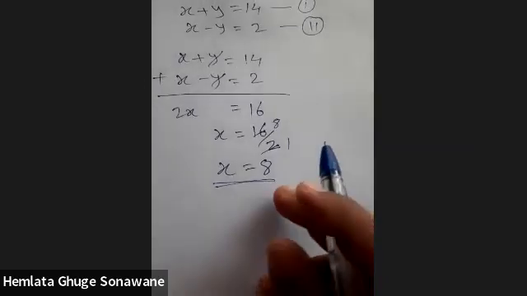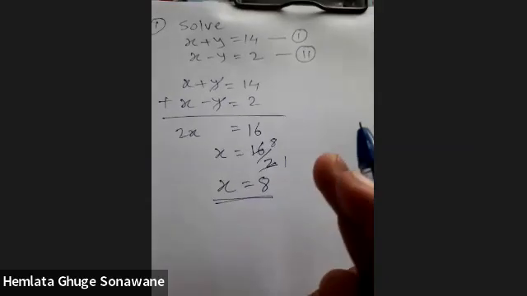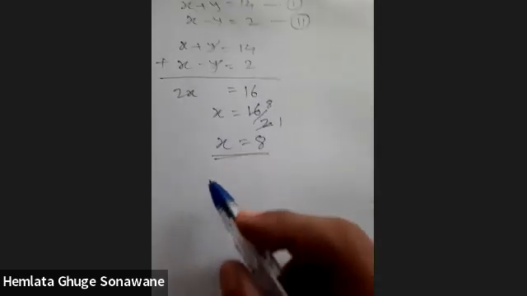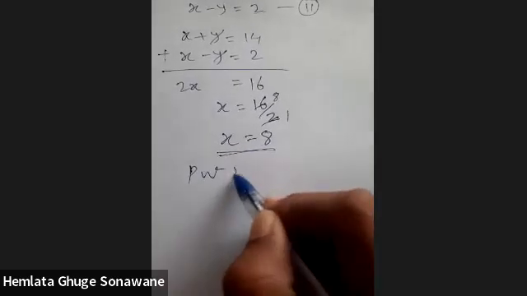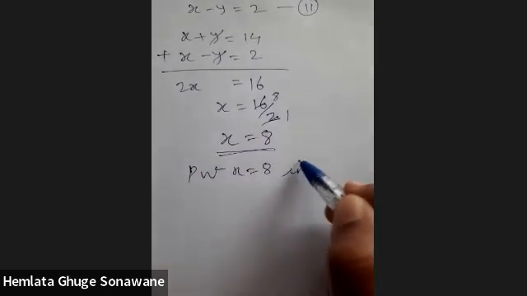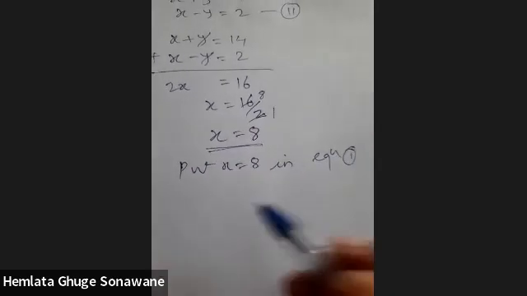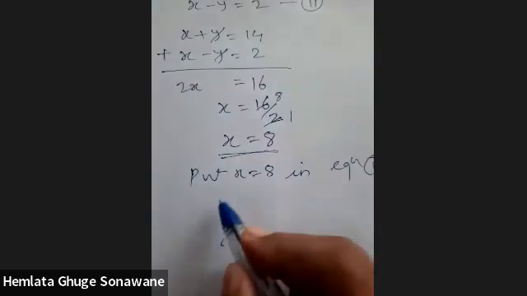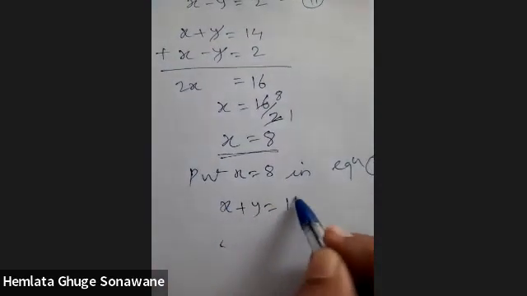Now we'll put this value in any of the equations. For example, we'll put this value into equation number 1. Put x is equal to 8 in equation 1. What is our equation number 1? x plus y is equal to 14.